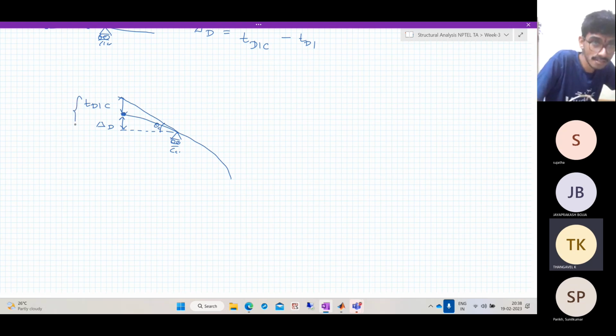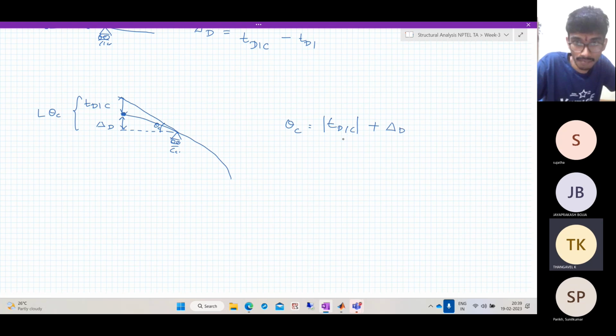So the total is L into theta C. So we need to find theta C, right? Theta C is nothing but TD with respect to C. In this case it will be negative, but we need to take the modulus, since it is lying below the tangent. So take the modulus plus delta D by L. So this is what we need to do.